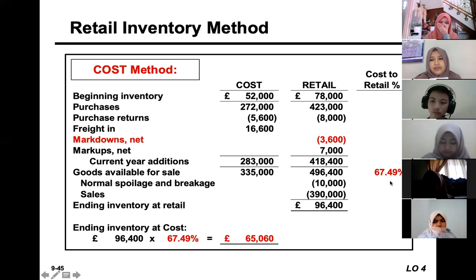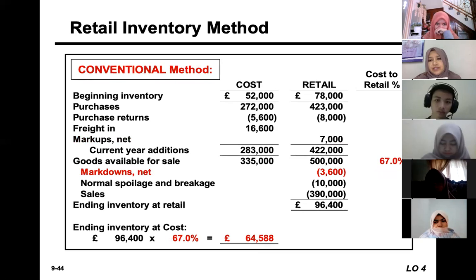And it will give us a little bit different rate of cost to retail percentage. Now it's 67.49%. Just now it was 67%.